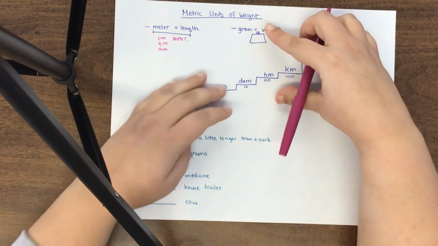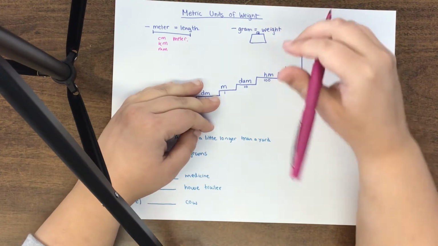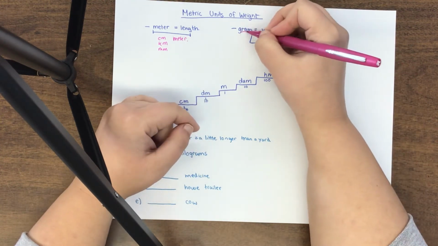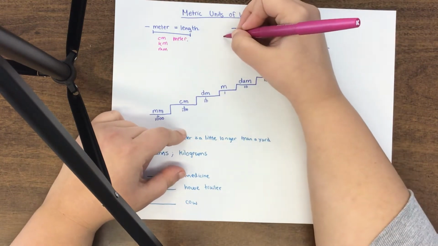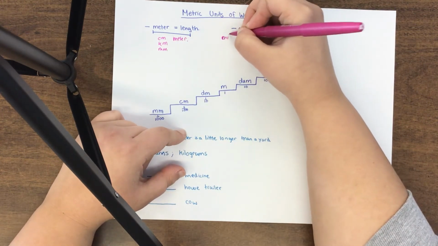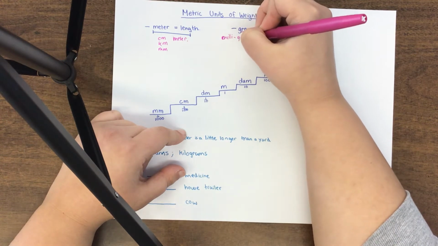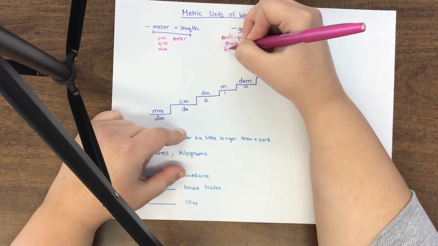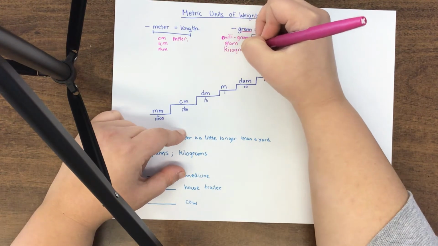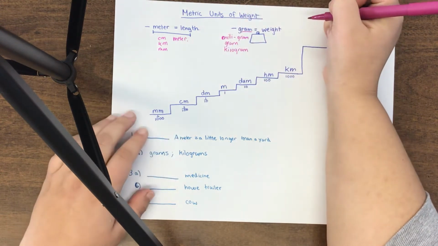Now, for units of weight, we use things that end with grams. But guess what? We use the exact same short forms. So we have a milligram. We have a regular gram. We have a kilogram. And we have all of the ones in between.